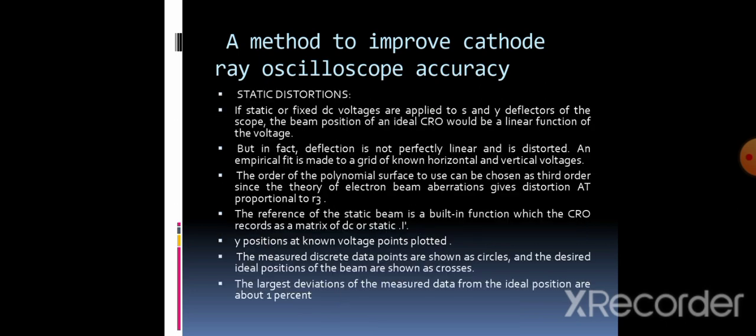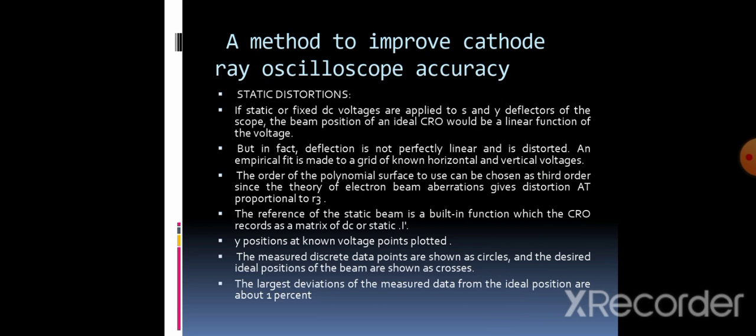And the next one is the static distortions. If static or fixed DC voltages are applied to the x and y deflectors of the scope, the beam position of an ideal CRO would be a linear function of the voltage, but in fact the deflection is not perfectly linear and is distorted, and a polynomial surface is fit to a grid of known horizontal and vertical voltages.